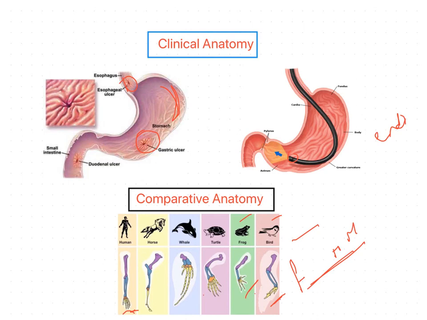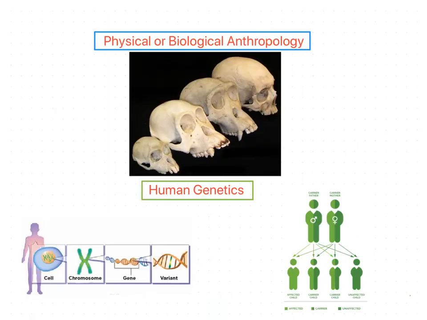Next one is the physical or biological anthropology. It deals with physical, biological and behavioral aspects of human beings, their related non-human primates, and their hominoid ancestors, those that are extinct.